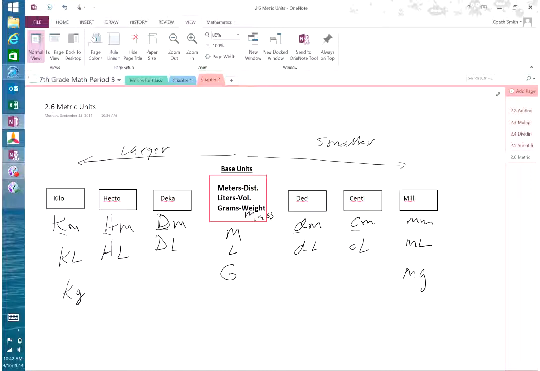Let's see, Nick, what do you think? How many marks is it from 0? 5. Is it 5 or is it 6? It's 6 marks from 0, so it would be 0.6.